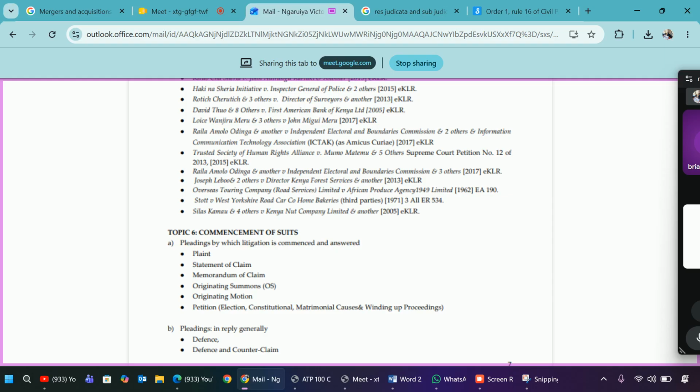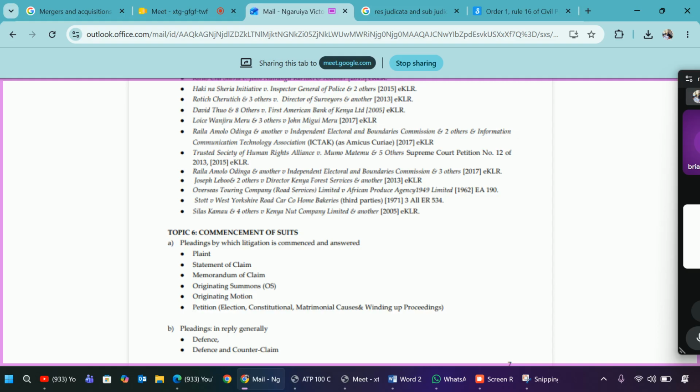Then we have commencement of suits. We have various pleadings by which litigation is commenced and answered. We have plaint, statement of claim, memorandum of claim, originating summons, originating motion. We have petition, election, constitutional, matrimonial causes, and winding up proceedings.